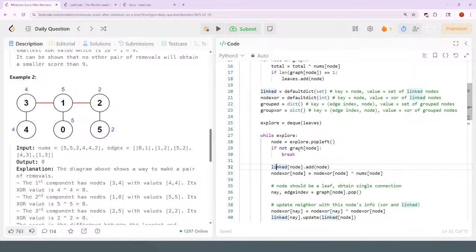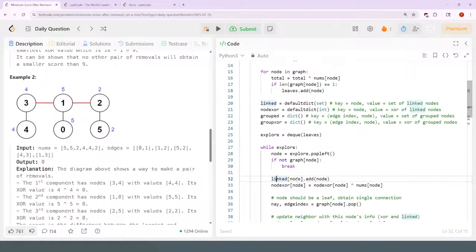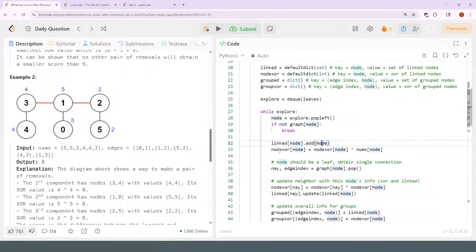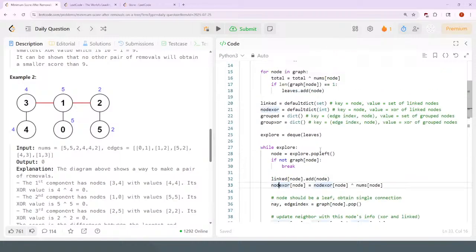But anyways, thinking about processing a leaf node, the node is linked to itself, so it's added to the set. The node's XOR value is going to be XORed with the actual value of this node. So if you start with node 0 as a leaf, then the value of that becomes 5.